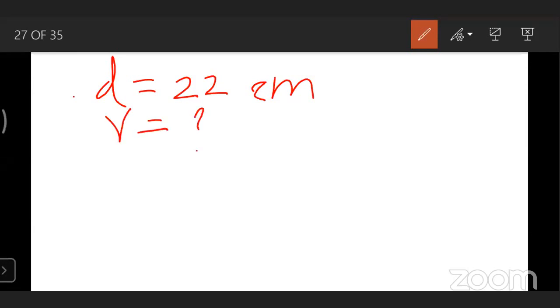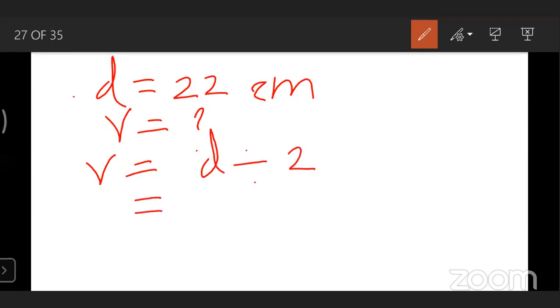The diameter is given, right? The diameter is 22 centimeter, and we have to find out the radius. What is the formula to find the radius? Diameter divided by 2.